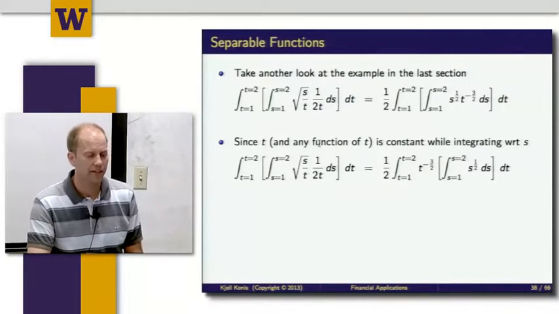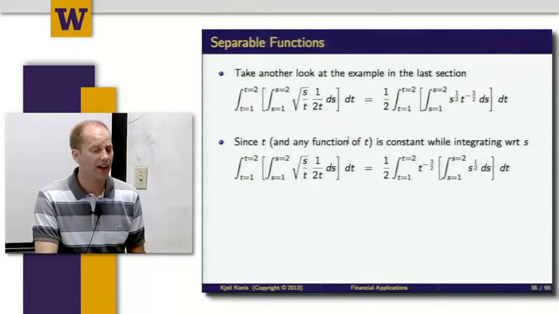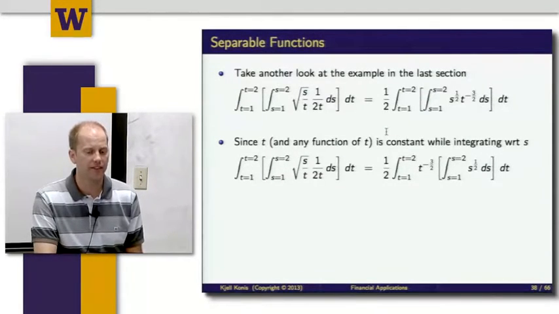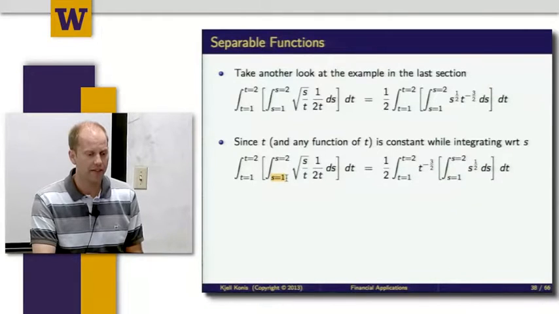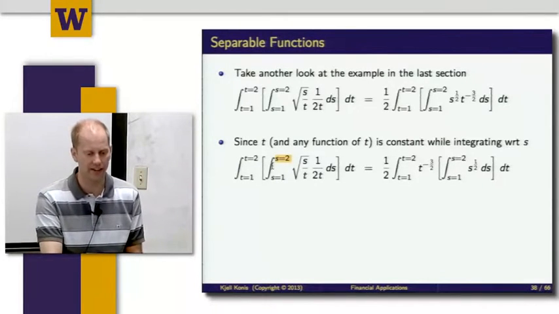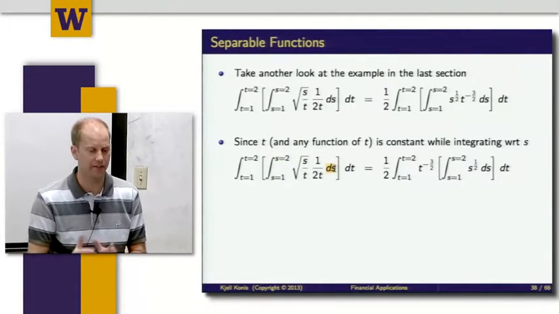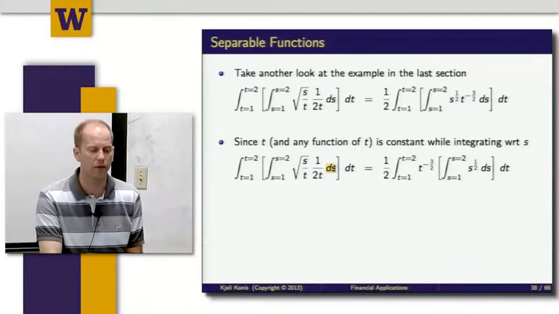But if we look at this a little bit closer, since we're doing a partial integral, any function of t is going to be constant with respect to s. I have this integral sign here that corresponds to integration with respect to s. So the inside integral sign and the inside variable here correspond to one another.